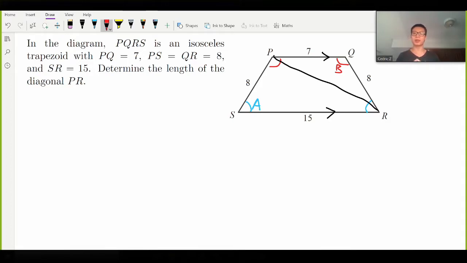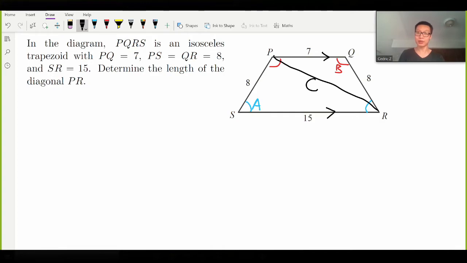If I know the measure of A or the measure of B on the top, then I can find this diagonal, let's call it C, using the cosine law. But the problem is I don't know what angle A and angle B are. But I do know that they share one side, which is this diagonal C.